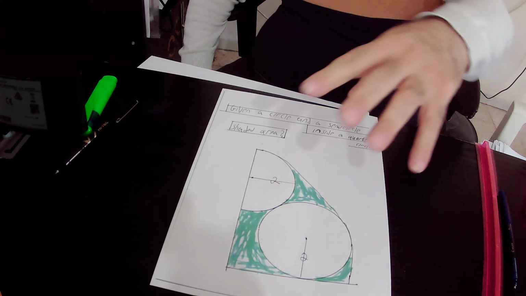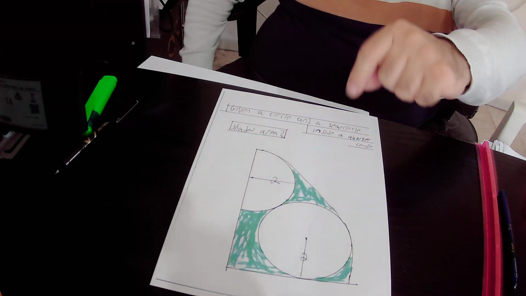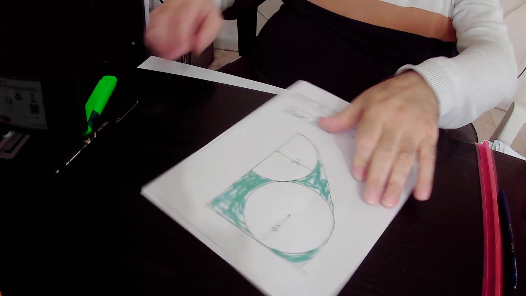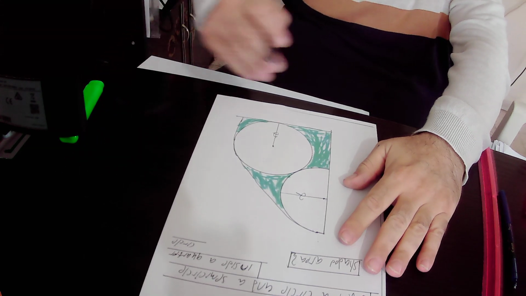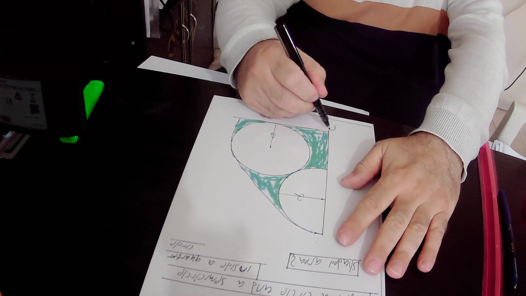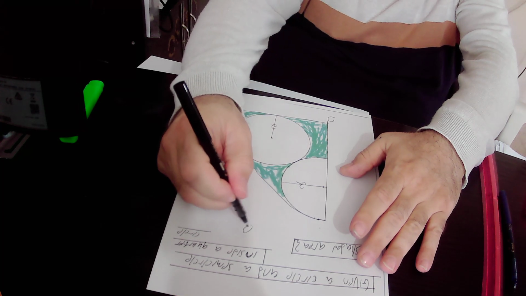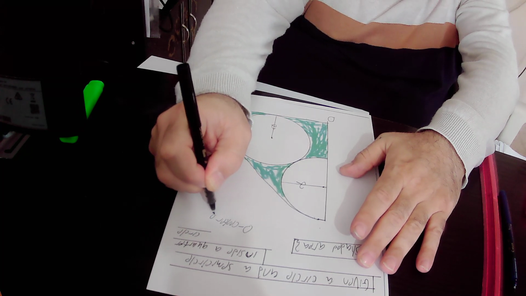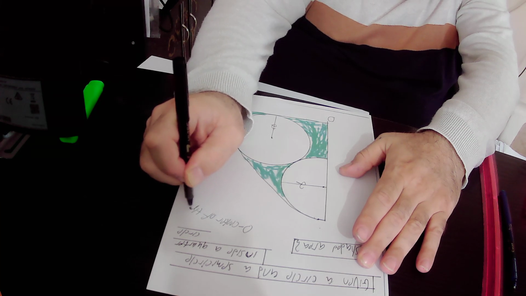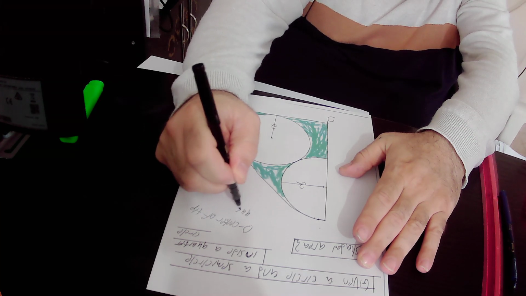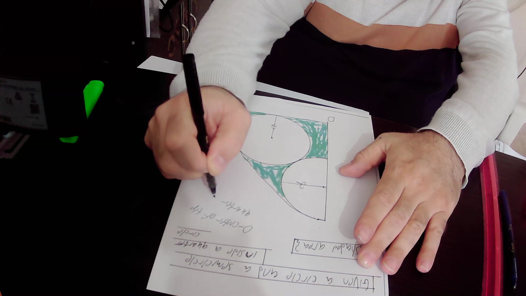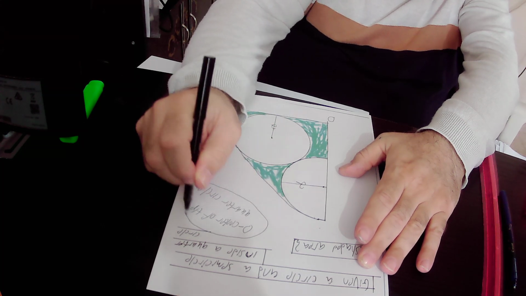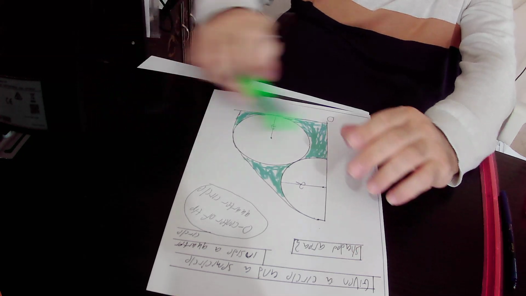So first of all, because this is a quarter circle, this point must be the center of the quarter circle. So we define this point as point O. Point O is the center of the quarter circle.